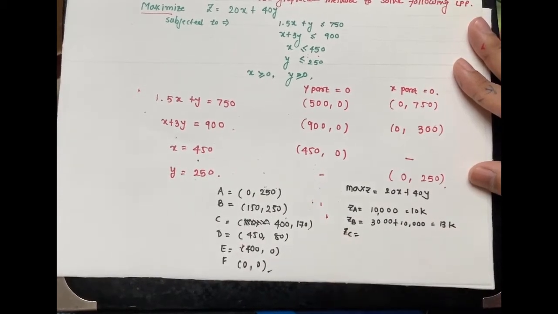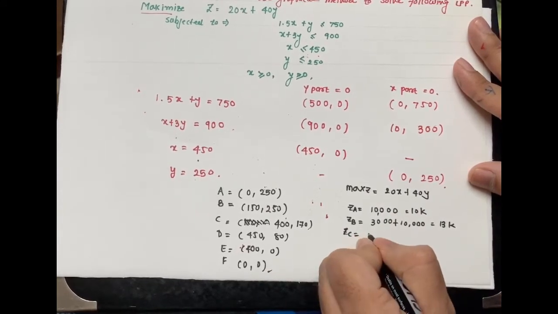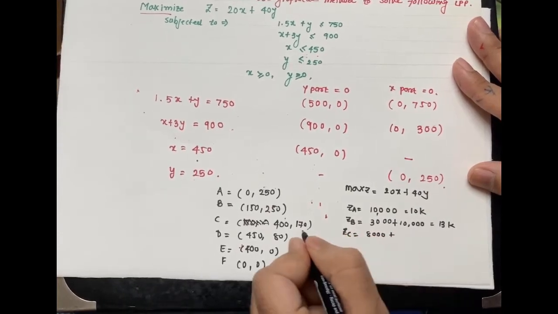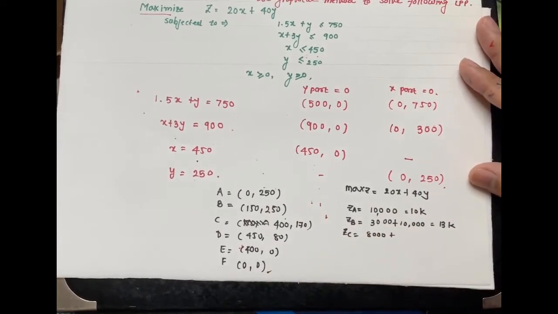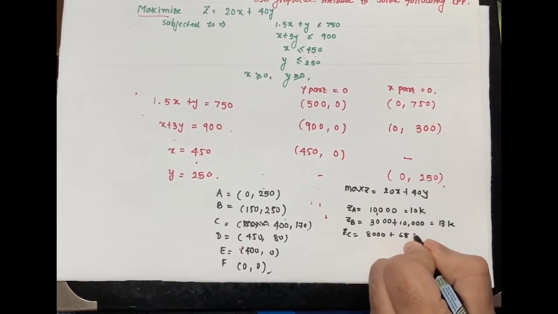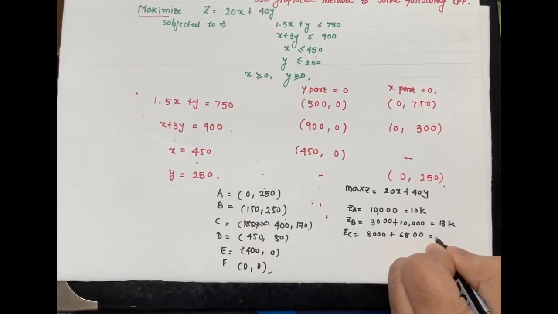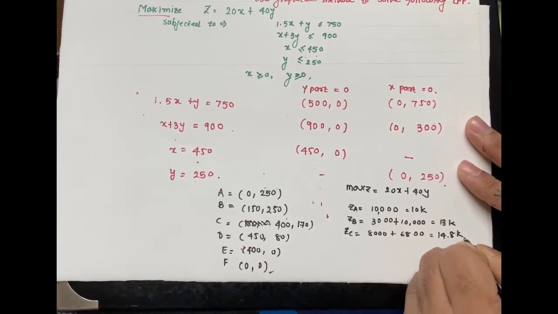C: 400 and 170, so 400 into 20 is 8,000, plus 170 into 40 is 6,800. So the total of these two, I am getting as 14,800, 14.8k.